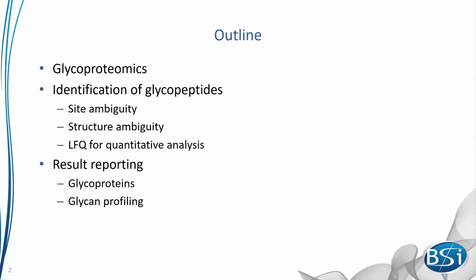And then I'll be talking about how Glycan Finder can help with problems such as site ambiguity and structure ambiguity, and how we have also built some label-free quantification into our glycoproteomics tool. Just like everything with Peaks, we provide the results in a very intuitive way for you to understand. So we'll be going through the actual result reporting in terms of glycoproteins and glycan profiling.